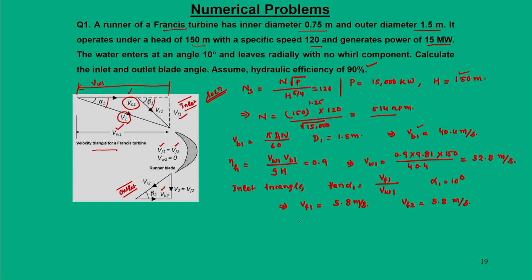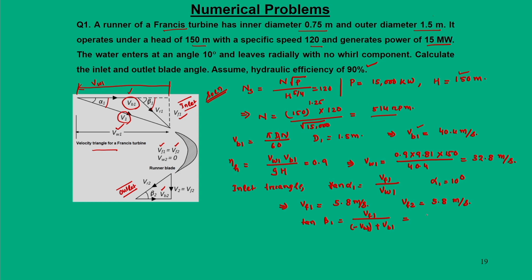Another expression we can write, which is tan beta 1 is Vf1 by minus Vw1 plus Vb1, because it is negative. Vw1 is in opposite direction of Vb1.